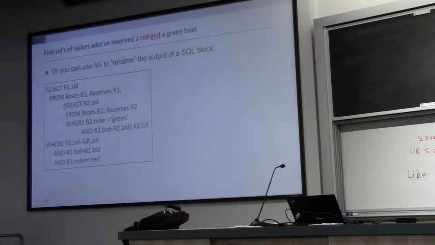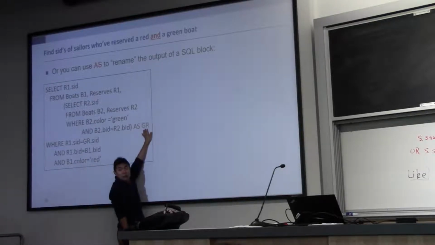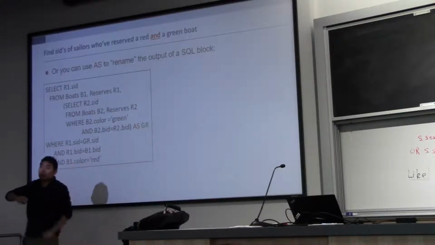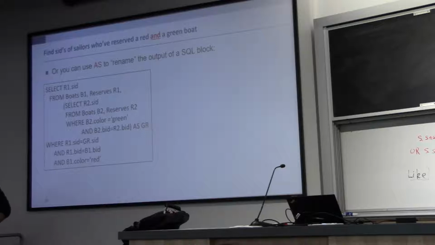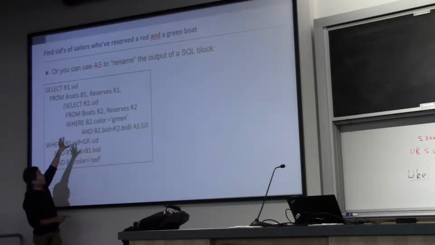Excellent. And I rename that as GR, as green. So now this GR is a relational instance with a list of sailor IDs who have reserved a green color boat. Does that make sense? That's good. Now using this GR instance, which is simply a list of sailor IDs, I supply this as the third relation to the outer block.